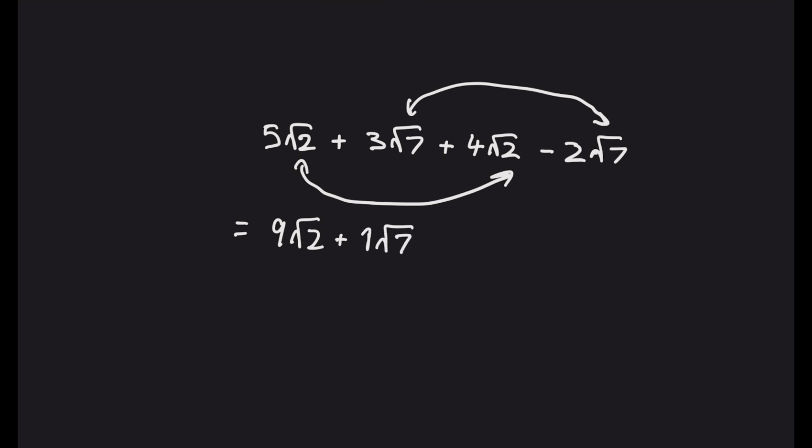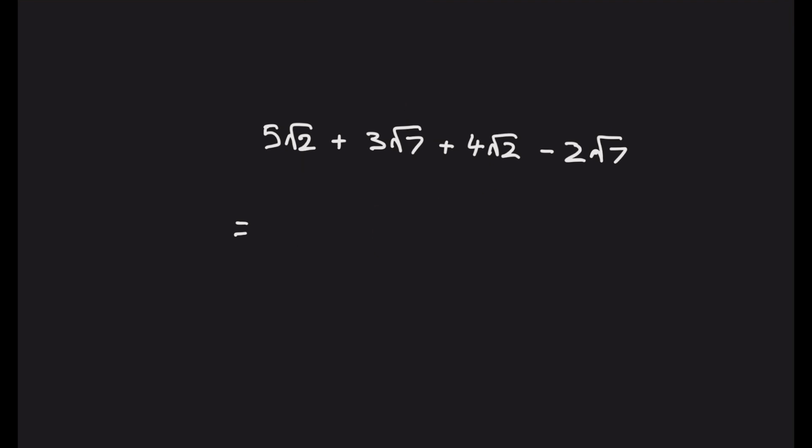And then one trick that I do, if my students are still confused about this stuff, is let's replace the ones that have the same number under it with a letter. So root 2 becomes a, root 7 becomes just a random letter, b. So 5a plus 3b plus 4a minus 2b.